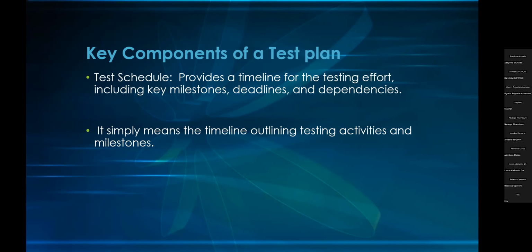The progress and testing effort throughout the project life cycle will be tracked. So that's one of the approaches the test schedule is used for, to track all that has been done or will be done for the project. And it simply means the timeline outlining testing activities and milestones.